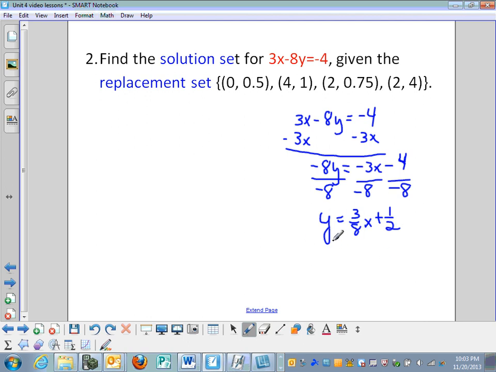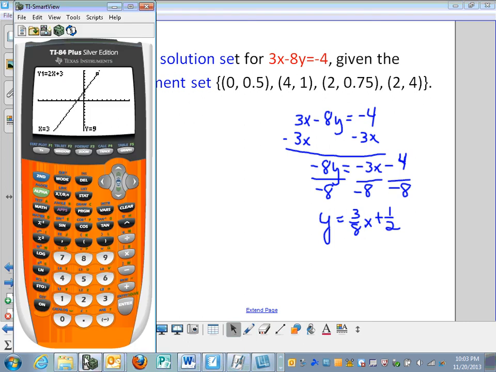So now I'm going to put this equation into the calculator and check each of these points in the replacement set to determine which of these are solutions, or lie on the line of y equals 3/8 x plus 1/2. I'm going to go into y equals, with parentheses, 3 divided by 8, parentheses, x, plus 0.5.